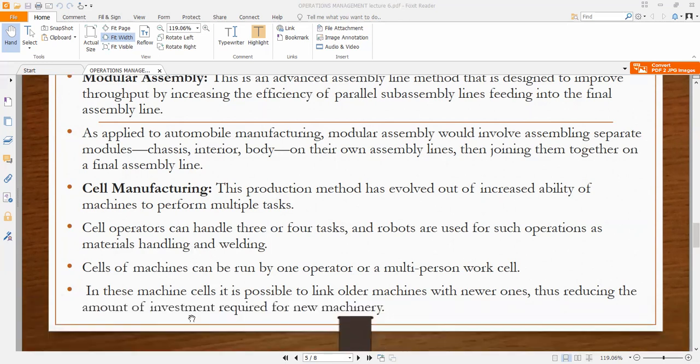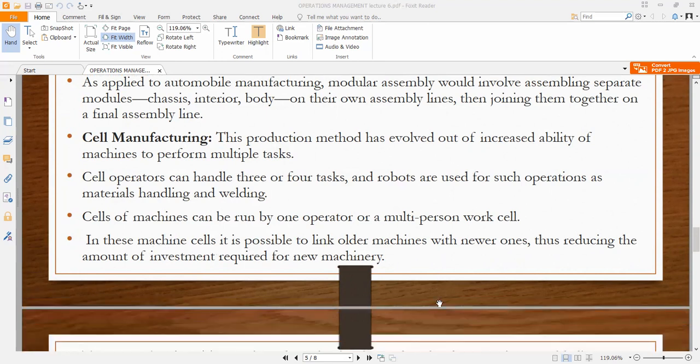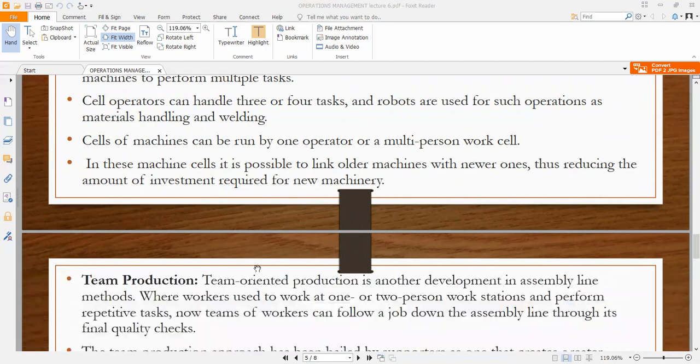Cells of machines can be run by one operator or a multiple-person work cell. In these machine cells, it is possible to link older machines with new ones, thus reducing the amount of investment required for new machinery.